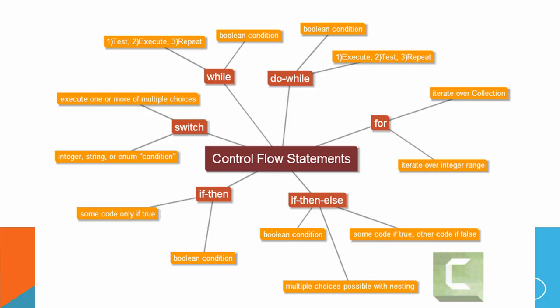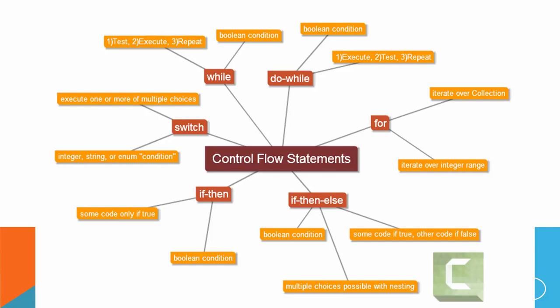What it does is it must initialize and test, then perform some action, then repeat. So for is only used when you are iterating over collections. I will let you know about collections in later sections. So this is how your while, do while, for work.